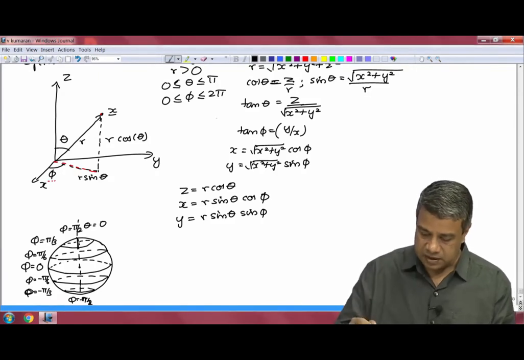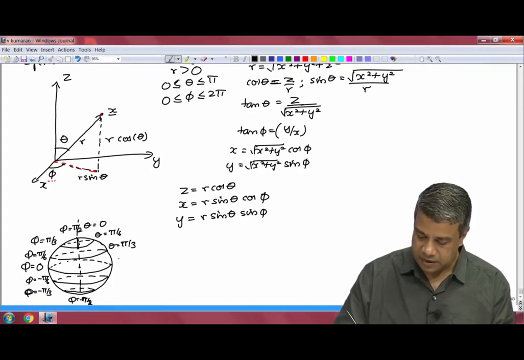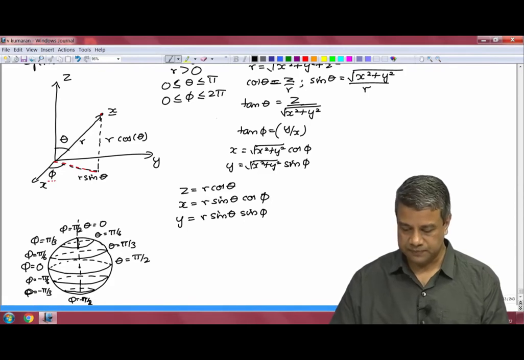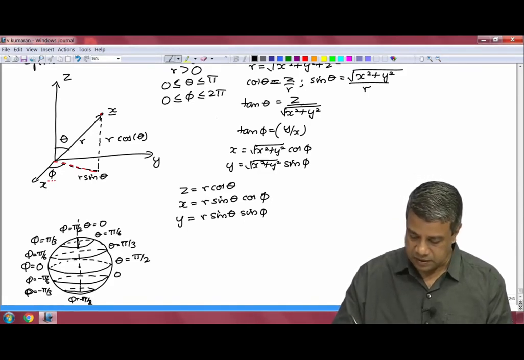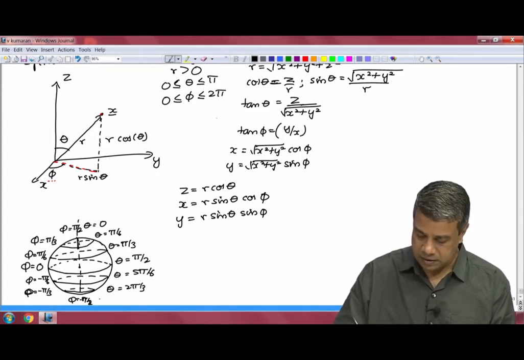Then I have theta equal to pi by 6, theta equal to pi by 3, and the equator is theta equal to pi by 2. The geographic coordinate 0 is equivalent to theta equals pi by 2. And then over here you have theta equal to 2 pi by 3, theta equal to 5 pi by 6, and finally here you have theta equals pi.